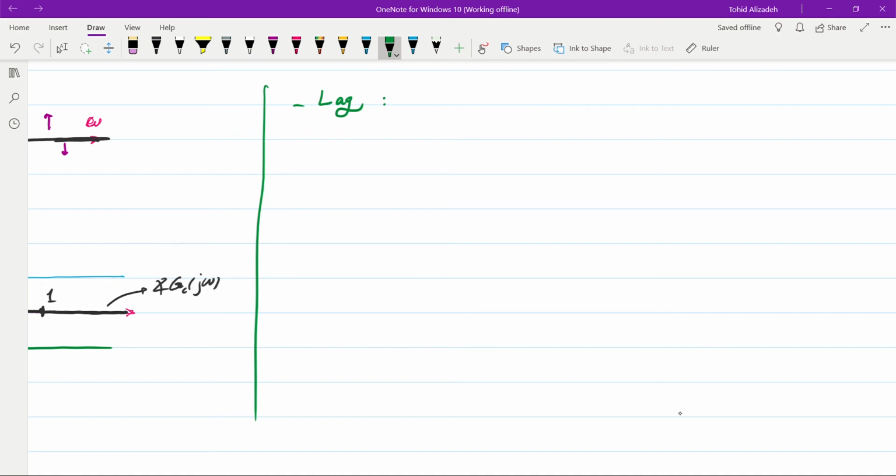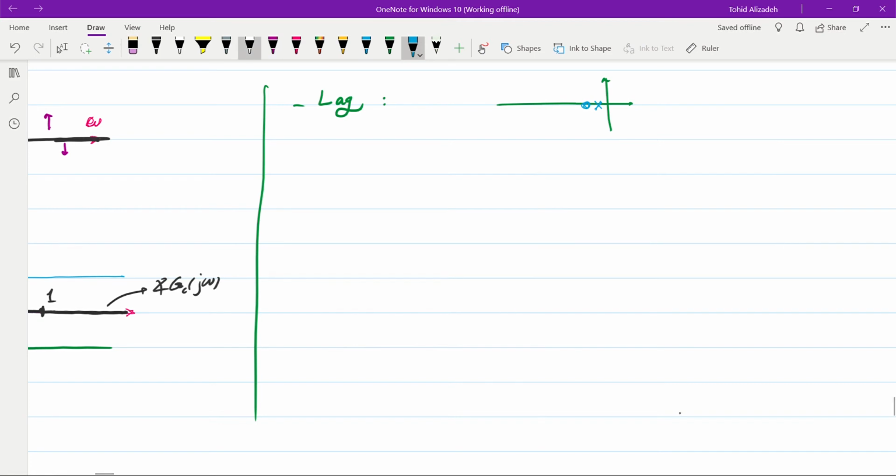We were placing the pole and 0 of the controller pretty close to each other and pretty close to the origin. So we had the pole here and 0 here. They were very close to each other, very close to the origin, and therefore the overall shape of the root locus sketch was remaining the same. But depending on the ratio that we had between the pole and the 0, we were able to increase the gain at very low frequencies.